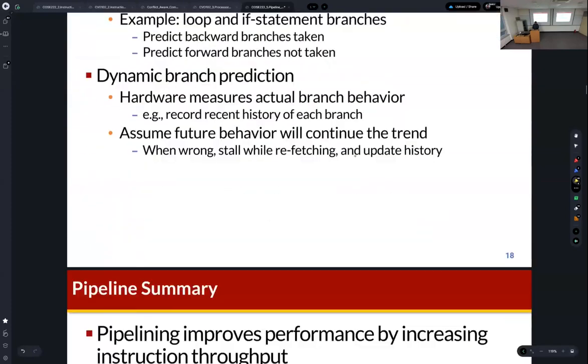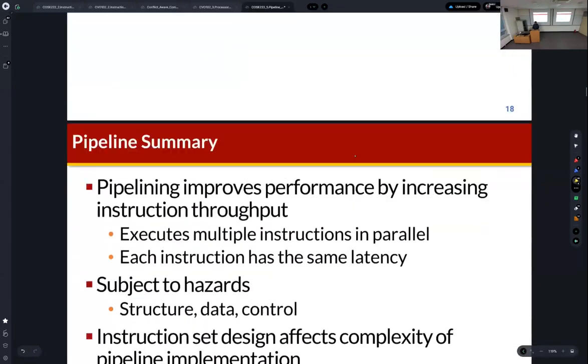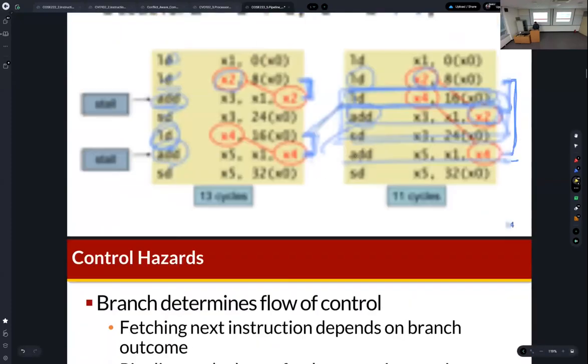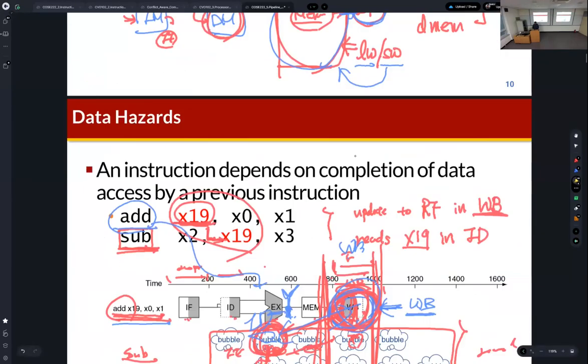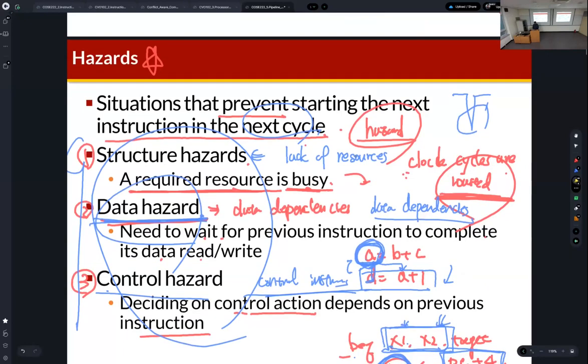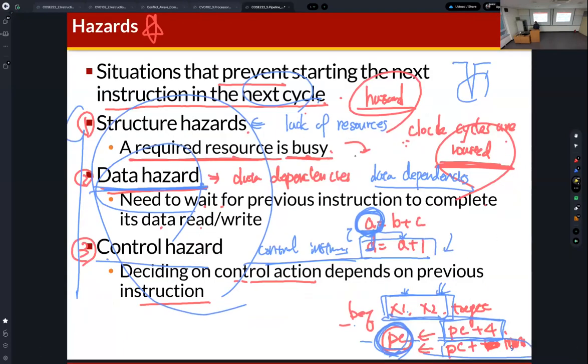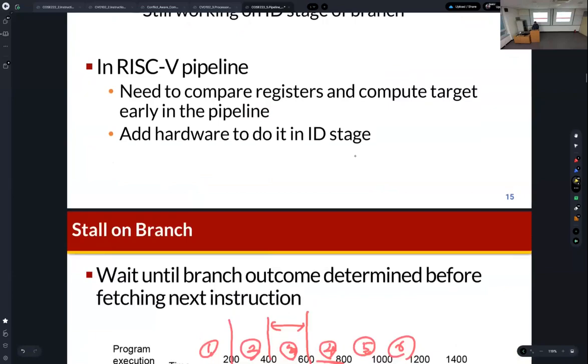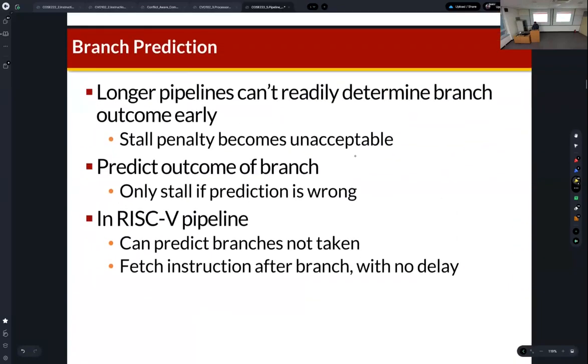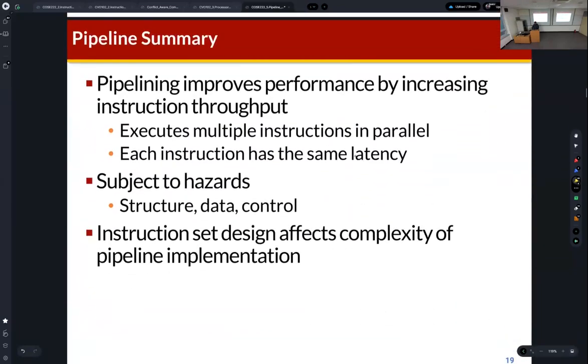But we need to understand that clock cycles can be wasted because of lack of hardware resources, the structural hazard, then data dependency, the data hazard, and then branch instructions, the control hazard. There are 3 kinds of hazards. But then why do we need to learn about hazards?